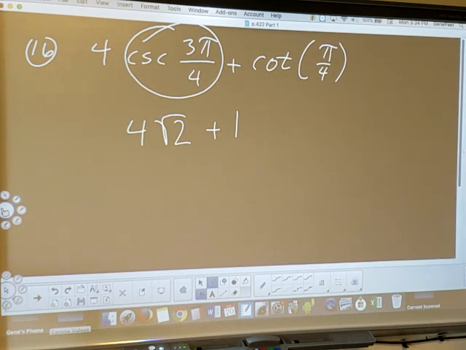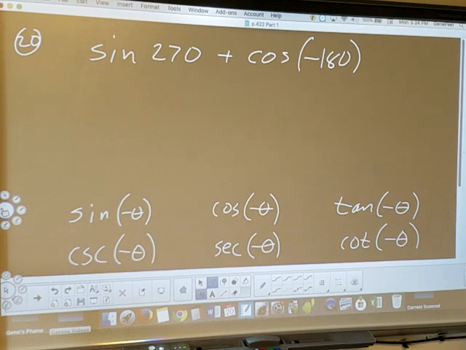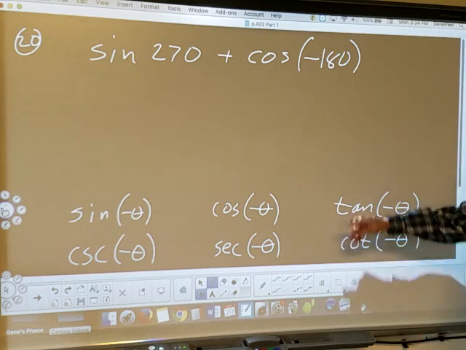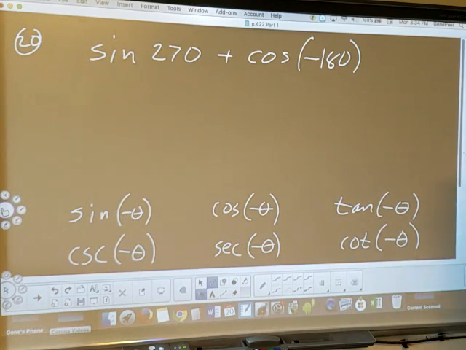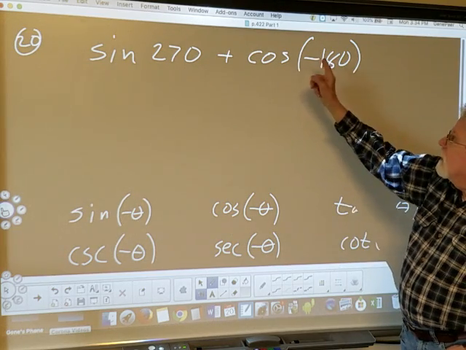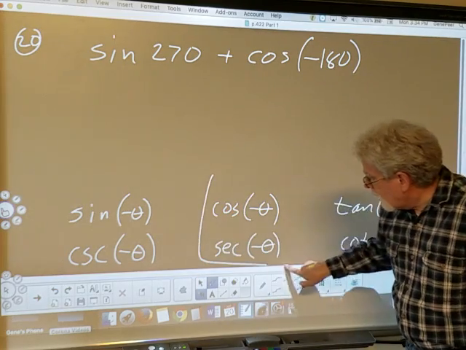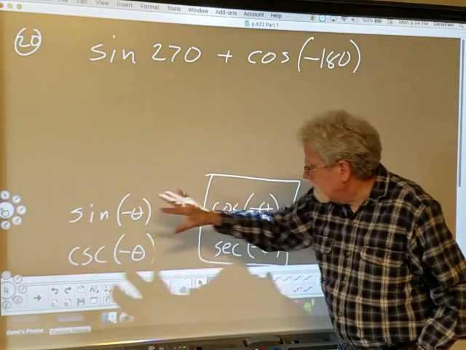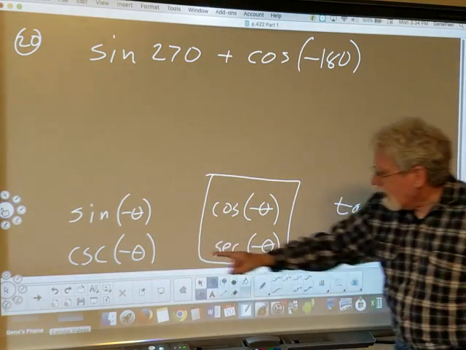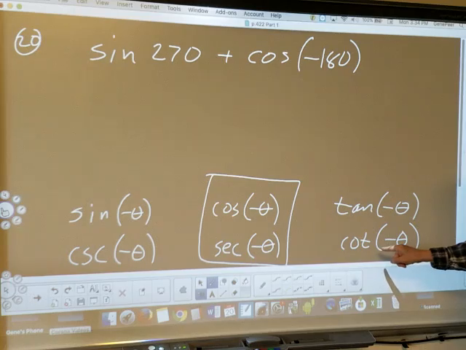We're counting by 4s, so let's go on to number 20. This one is a little on the easier side, I think. First of all, take note, we have a negative theta here. How do we handle cosine of a negative? Cosine of a negative: the two guys in the middle here, sine, cosine, tangent, and their reciprocals.